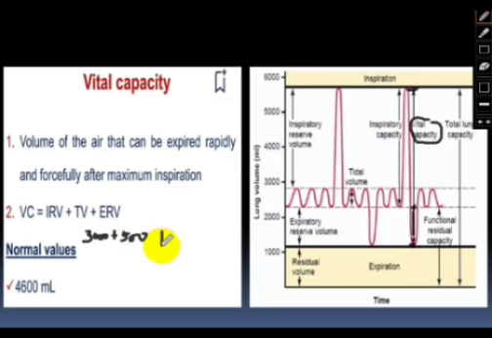What is the value for expiratory reserve volume? 1,100 or 1,200? Okay. So if you sum that, what will it give you?